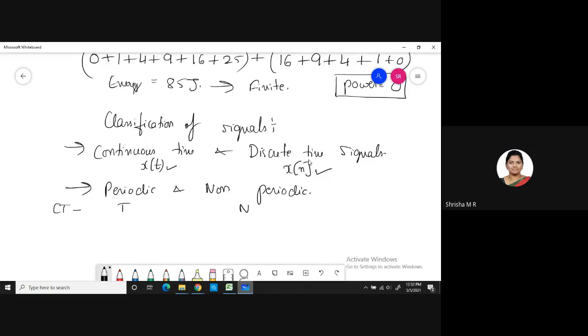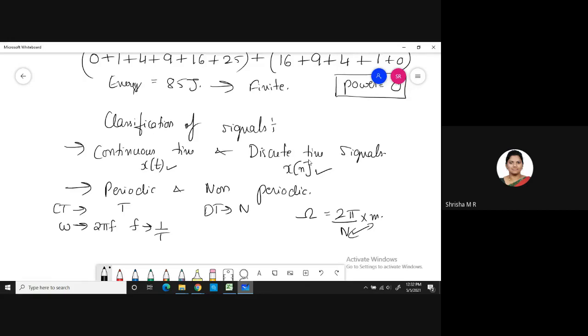So for continuous time signals, we found out what is omega. Omega is 2 pi f. We found out f, and from f we found out T. Correct? And for discrete time signals, we found out the fundamental period n. How did we find out? We found out what is omega. From omega, we equated that omega to 2 pi by n into m, where n and m are integers. Okay.